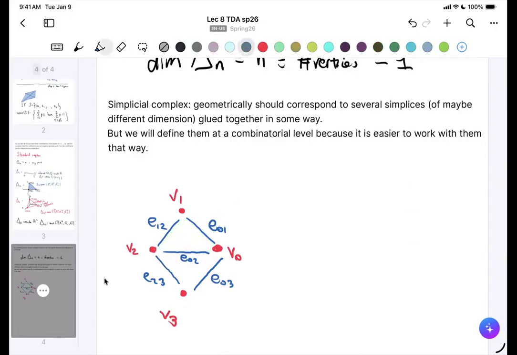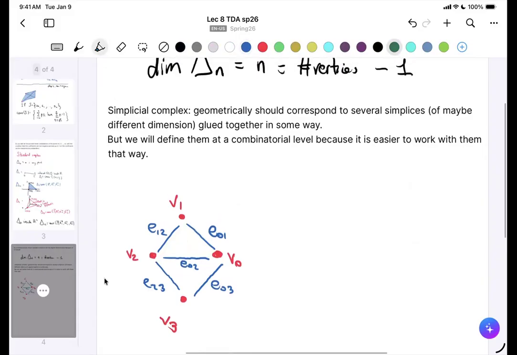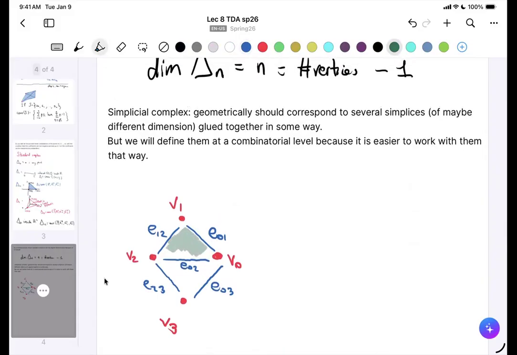So I'll just try and make this. So again, this was the example that we had. You can think about it as being described level by level.